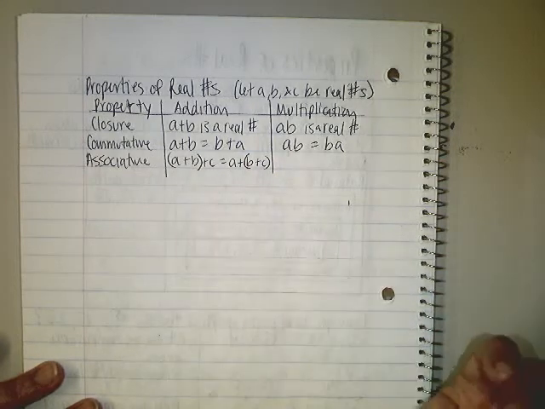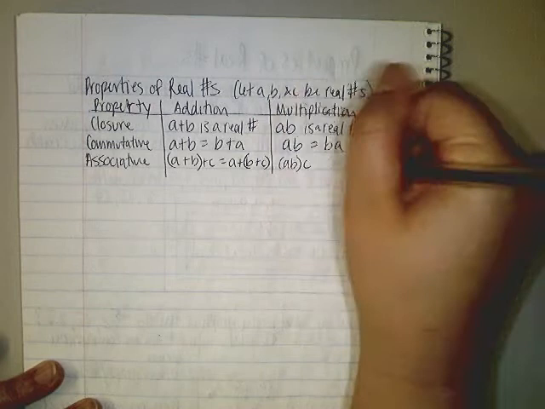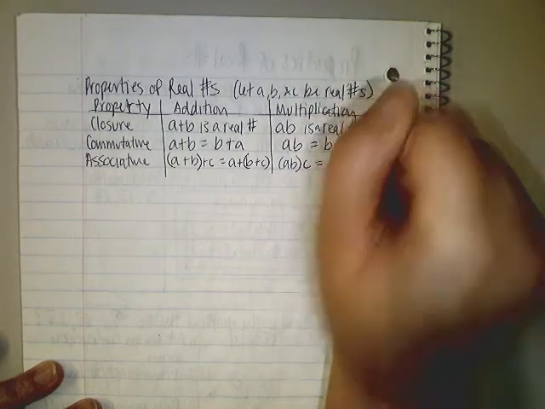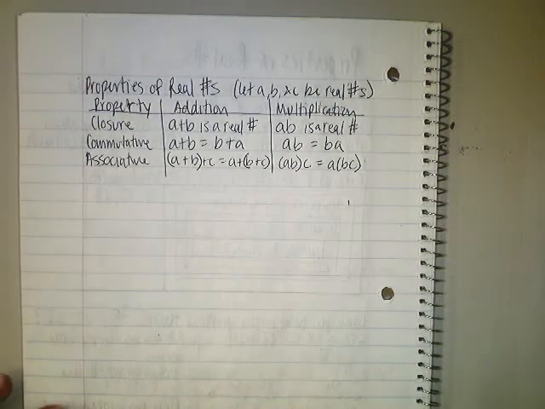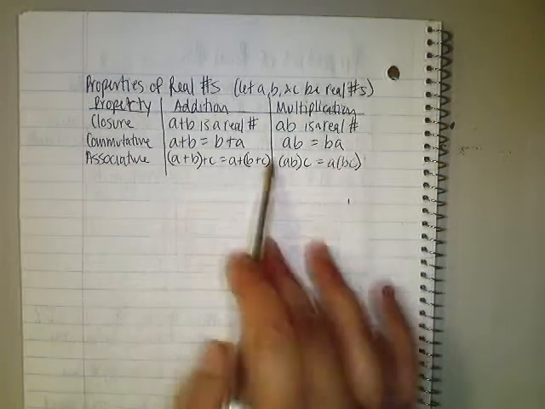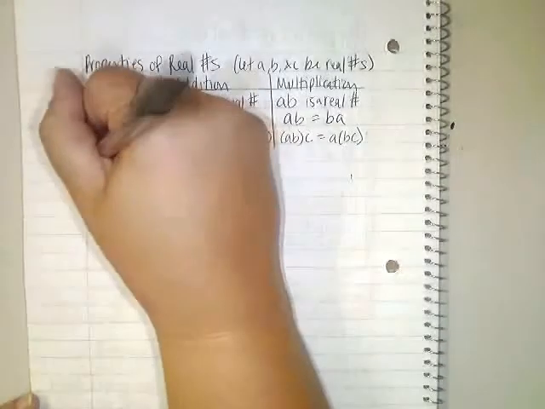It's still going to be the same total sum. And similarly, if you multiply a and b and then multiply by c, it's the same as multiplying b and c and then multiplying by a. So when you're multiplying or adding, it doesn't matter which order you're doing that. As long as you're only adding or only multiplying, it's going to give you the same value regardless.